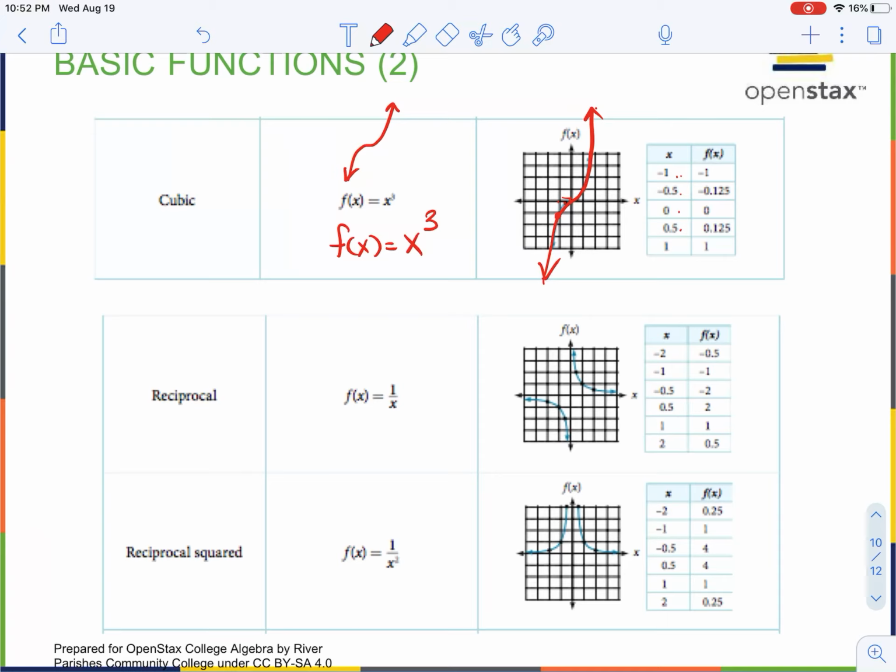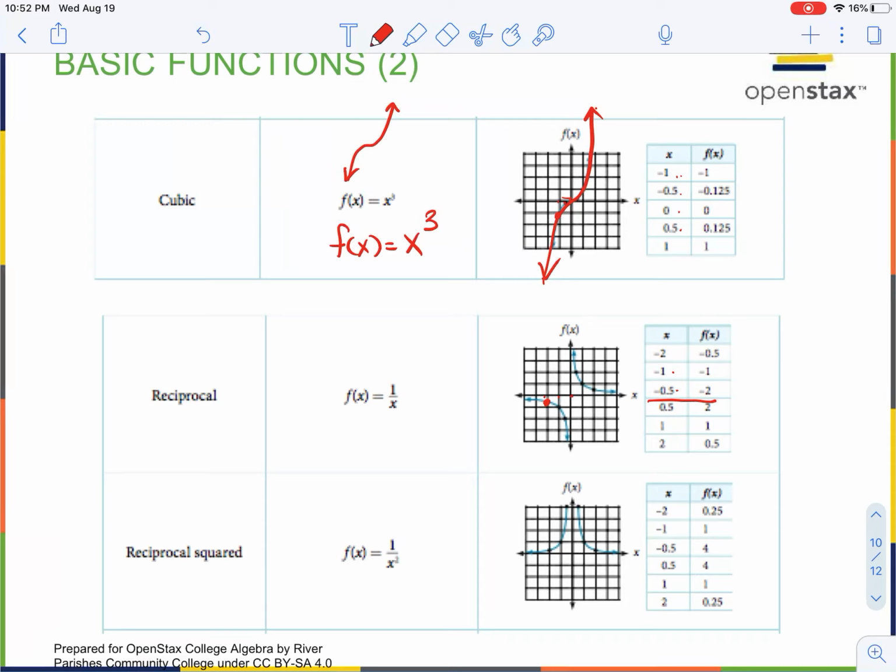All right, then we have the reciprocal. This is one of those where it has the gap in between. So we have some negative points, we've got some positive points. -2, -1, -1/2. So -2, if you put 1 over -2, you get the point -1/2. So if you go over to the left 2, down 1/2.